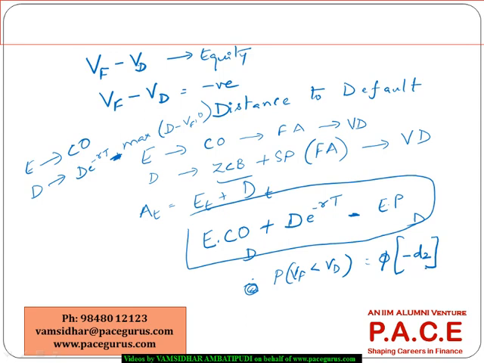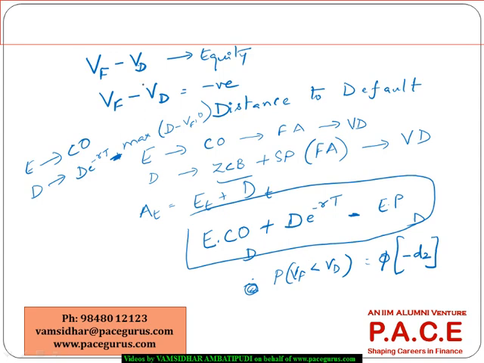I could take that, and that is what we talk about as the probability of default, right? Because whenever we say the probability of default, it is the probability that the put option as well as the call option, both of them are getting exercised. That is what we are calling the probability of default.